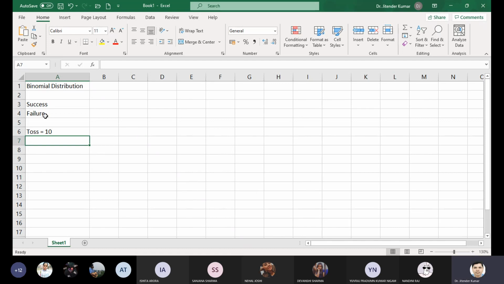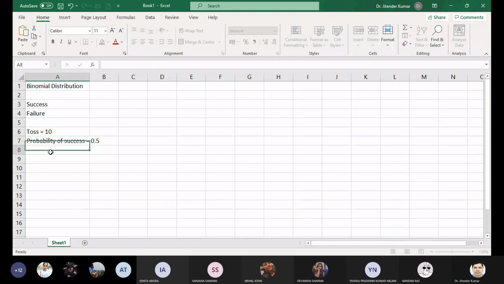So now the question is, I am tossing a coin 10 times. The probability of success is, heads is a success. If I'm looking for tails, tails is a success. So that is always 0.5 or 50%, right?